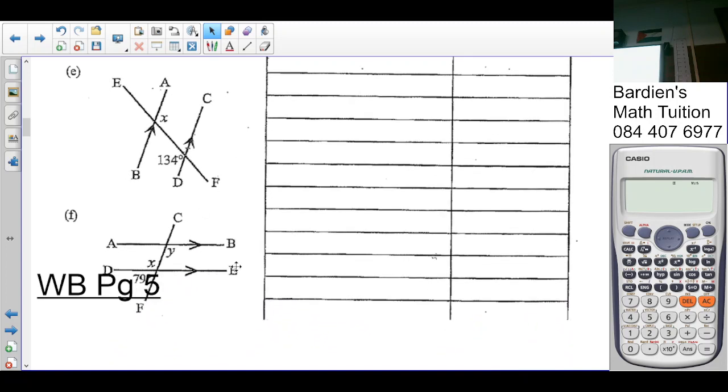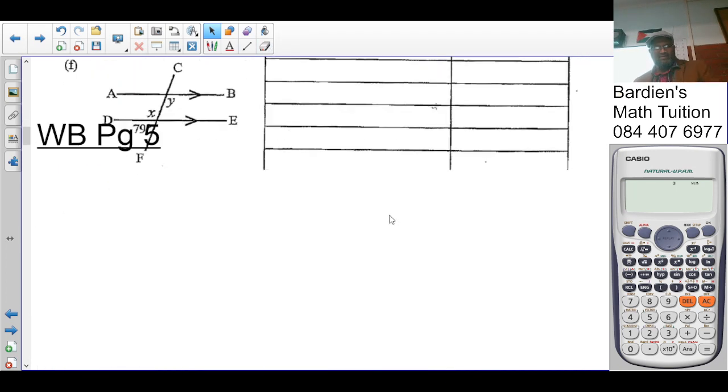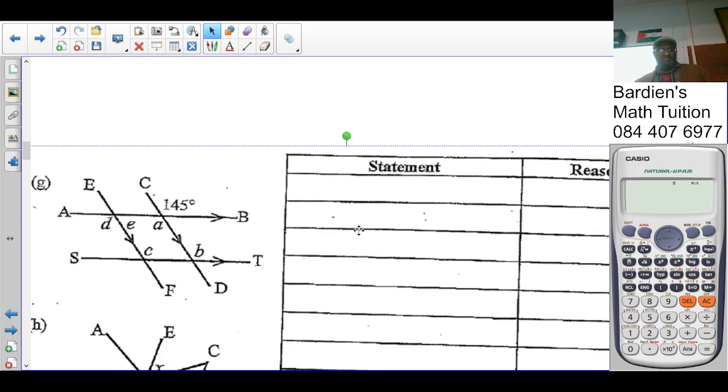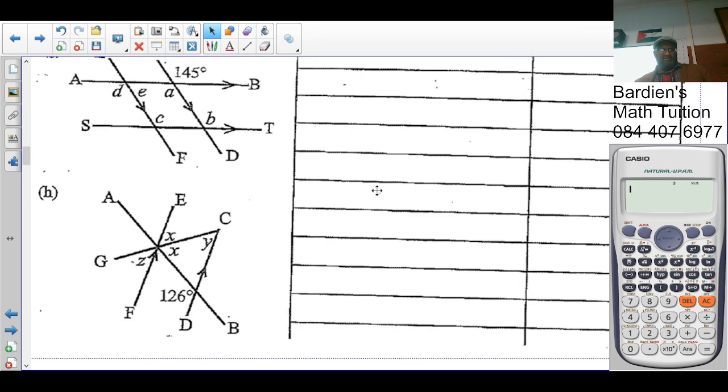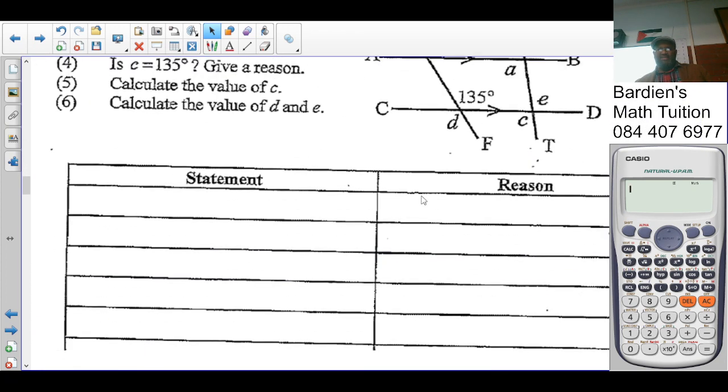I think I'm cutting the wrong one. I think that's why. Okay, let me just cut it properly. Is this on page 5? This is on page 5. And that's 6. And this here?